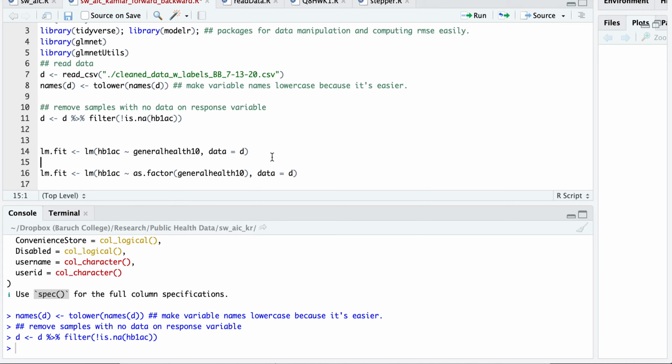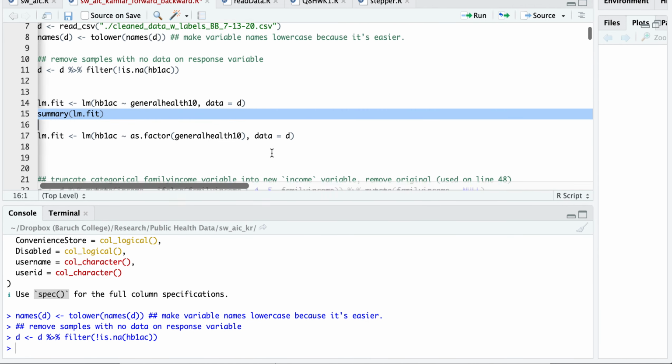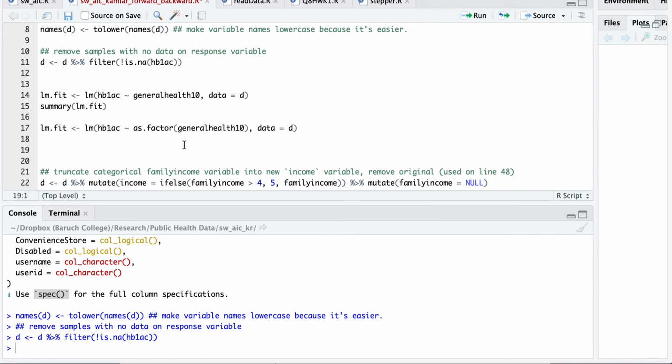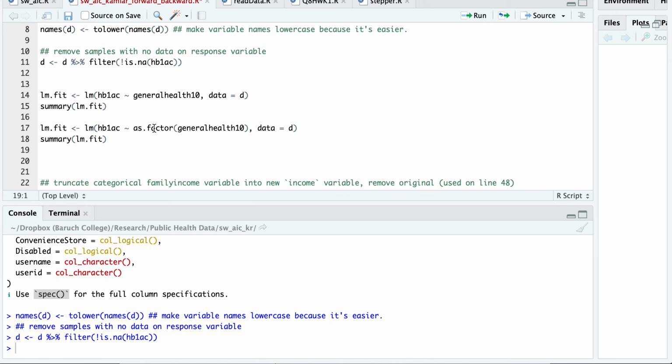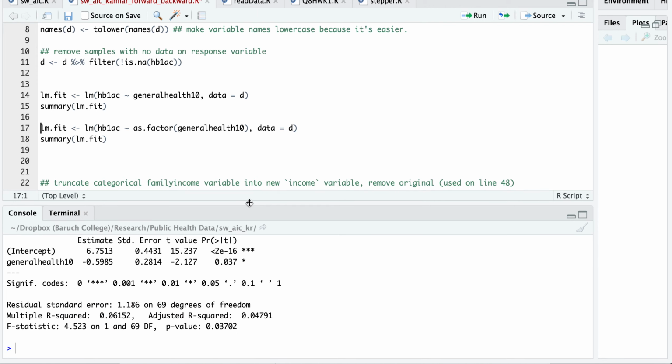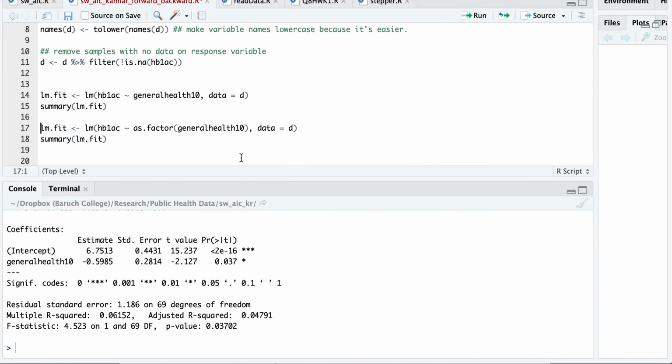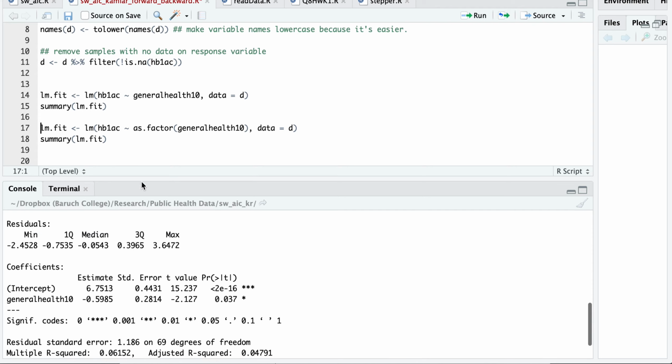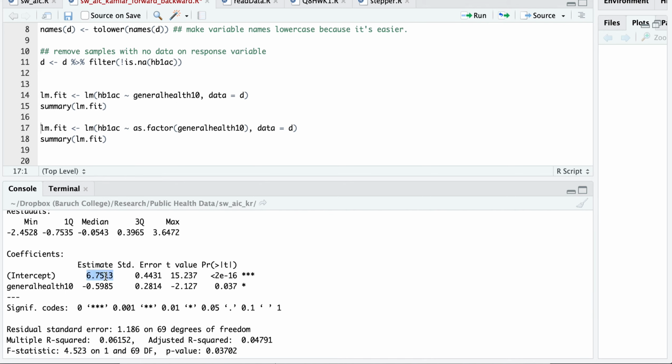Factor and summary fit. We're gonna have it here too. Okay, there's this general health. Well, the mean is this, and then general health negative 0.6.